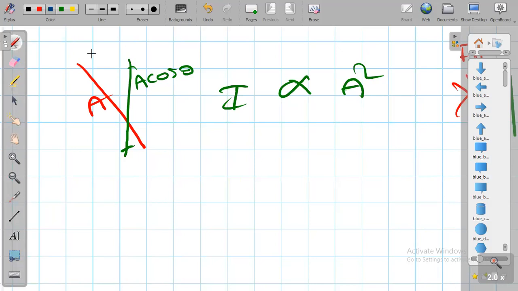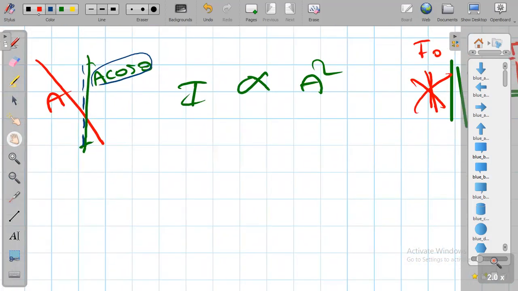When you keep this one, the vertical component is always A cos theta. And there's a relationship here: I is proportional to A squared. So what can I write? I is proportional to A squared cos squared theta, right? And another one I can write: I naught is proportional to A squared.